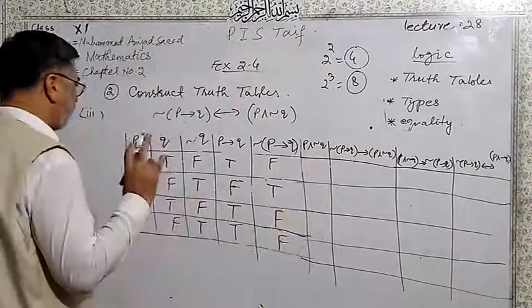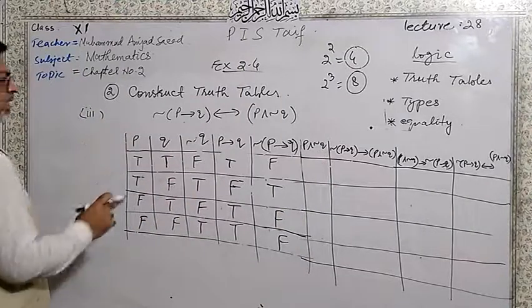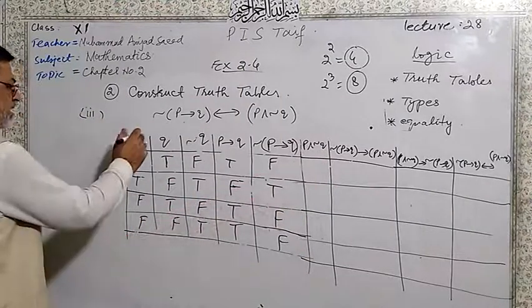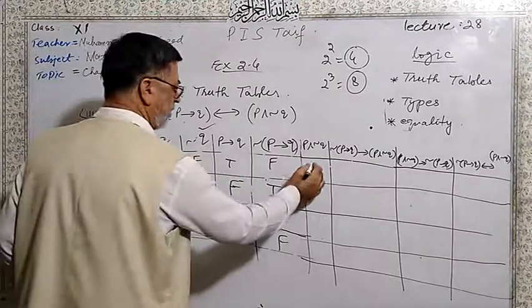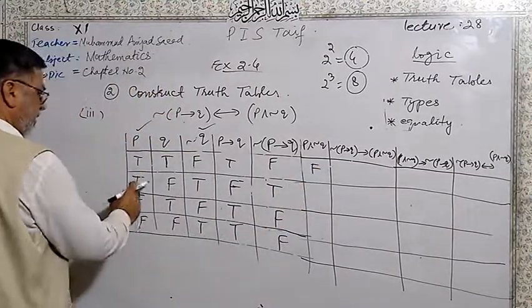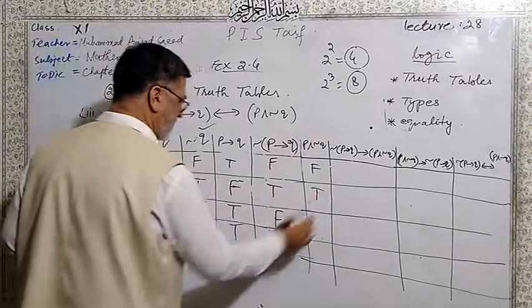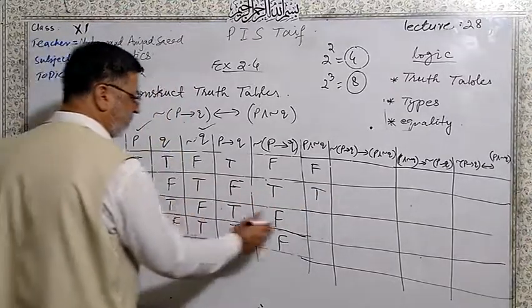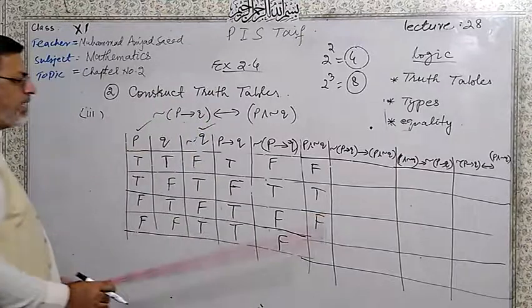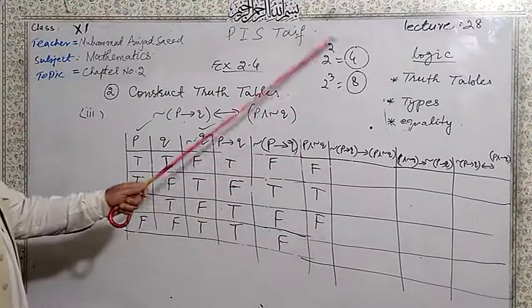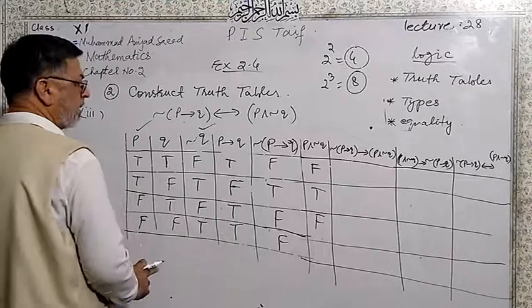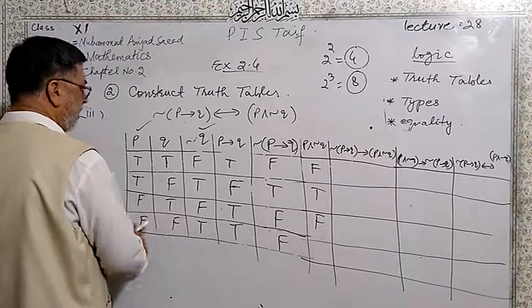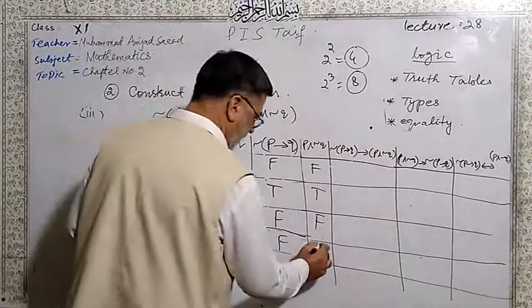Present in both, then it will be true. Listen, P and not Q. This is P, this is not Q. T, F, F. T and T, yes, T. F and F, this is F. Remember, it is intersection, not imply. Then P and not Q, F and T, this is F.